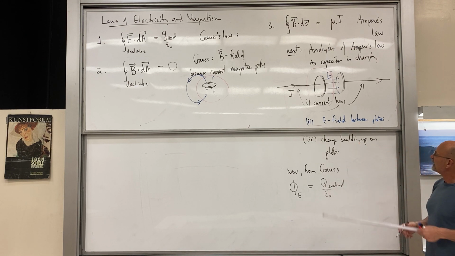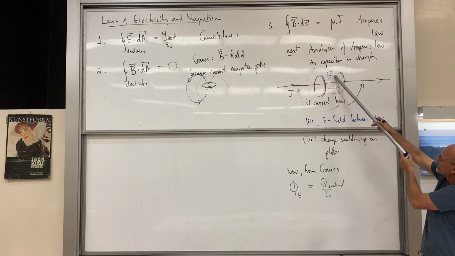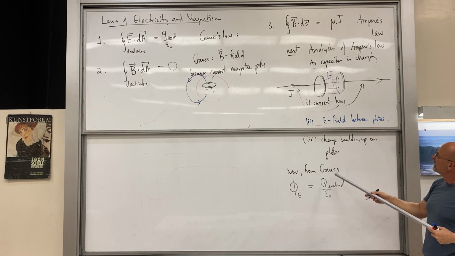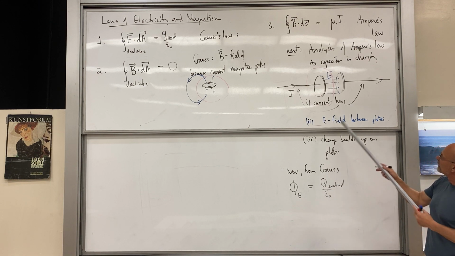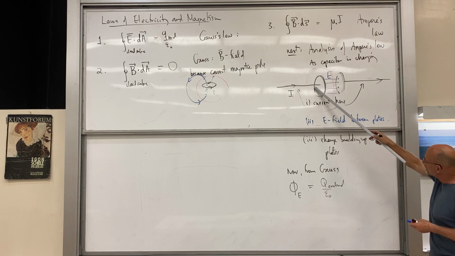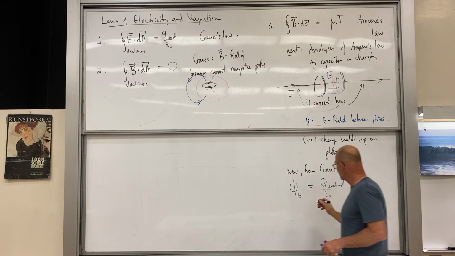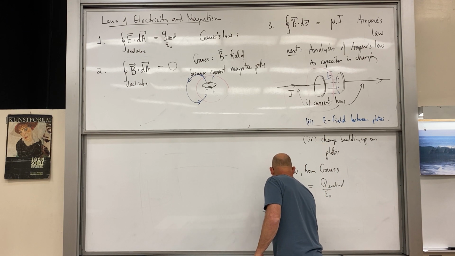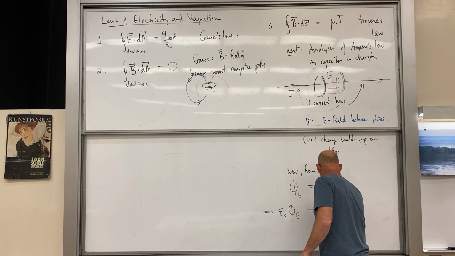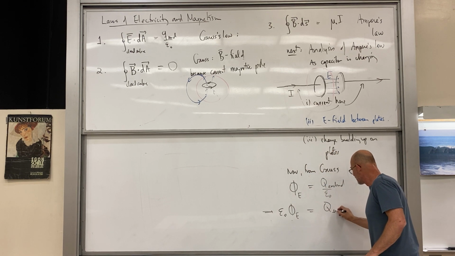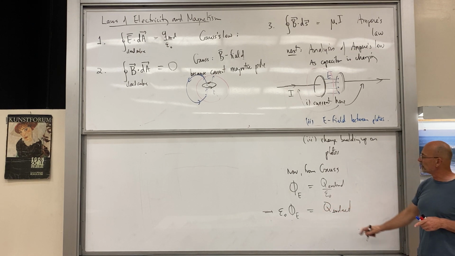So the flux through the surface here, the red one, is phi sub E. And the Q enclosed over epsilon naught is the Q that is built up on that plate. Okay. So now what we're going to do is multiply over, so epsilon naught times phi sub E is equal to Q enclosed. And then we're going to take a time derivative of both sides.